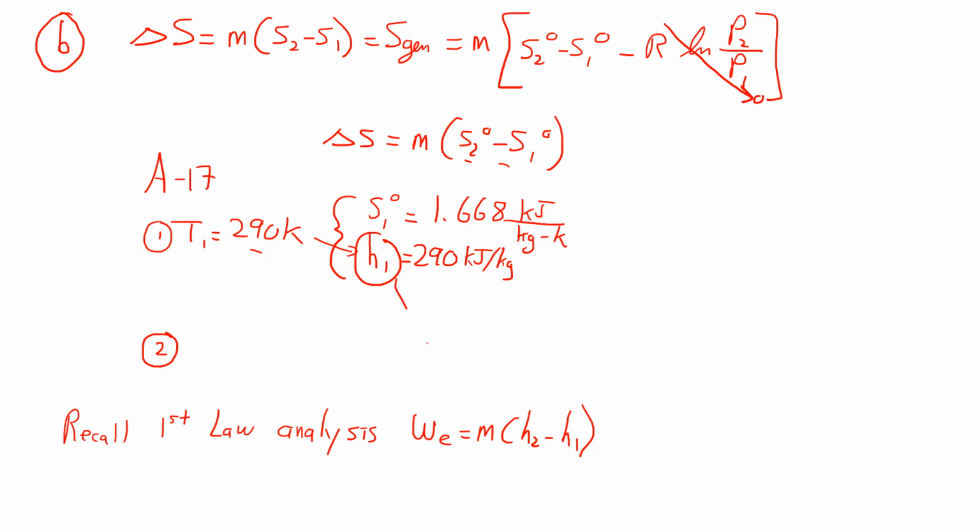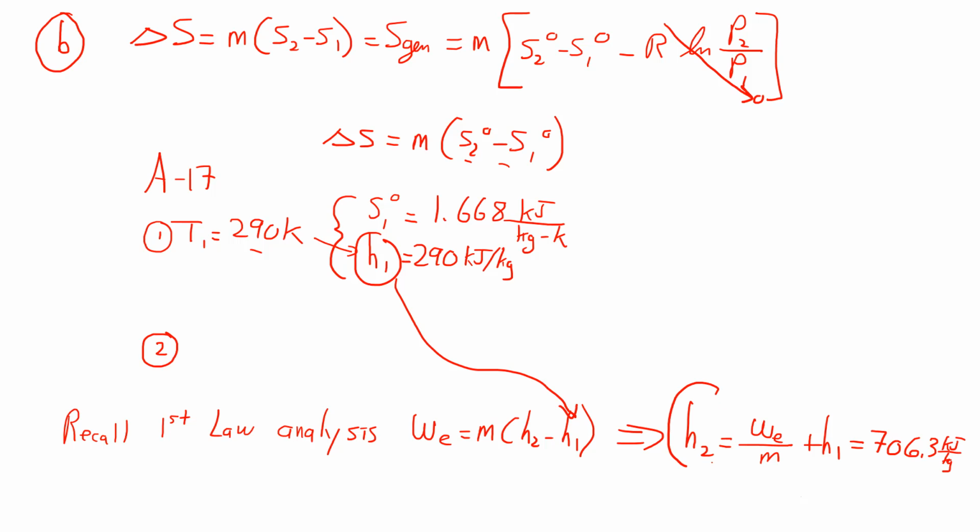Take that value, substitute it into this equation, and use this equation to solve for H2, right? So it'd be electric work over mass plus H1. If I did that, I get an enthalpy of 706.3 kilojoules per kilogram.